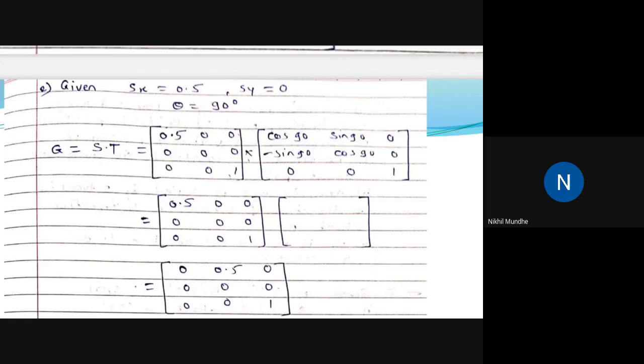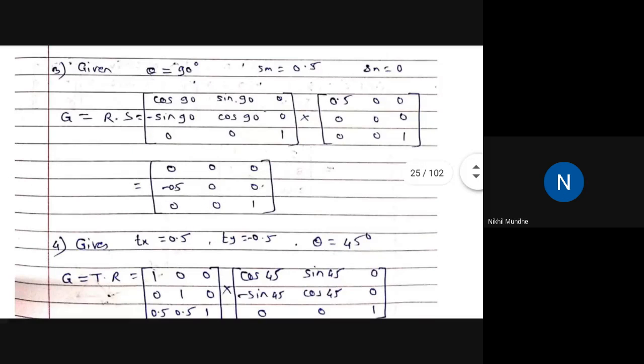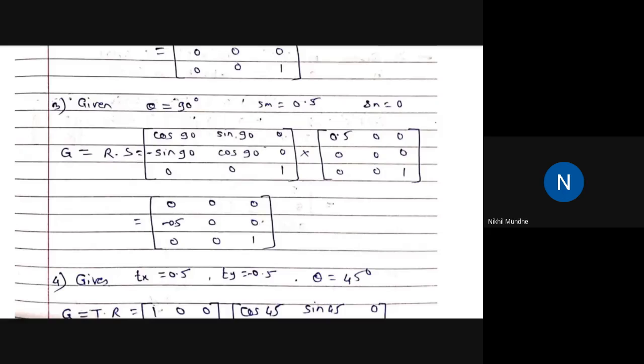So we do 0.5 into cos 90. This is the right method. If any other matrix comes, we will discuss it afterward. But here the answer is different because the matrix order is changing. You may say the matrices are the same but the answer is different. Here we got 0, 0.5, 0 and in the next row 0 and vertically -0.5. This is a matrix multiplication. When the order of the matrices is swapped, the answer will definitely be different. So keep in mind, this is very important for matrix calculation. Okay, I think you have solved the third statement.